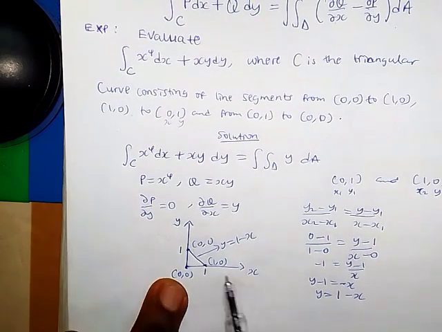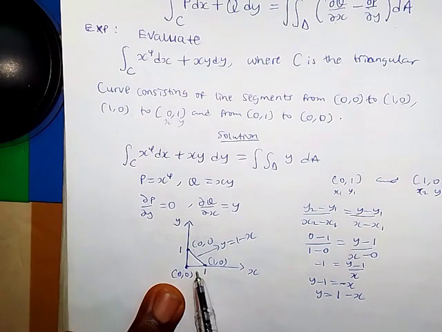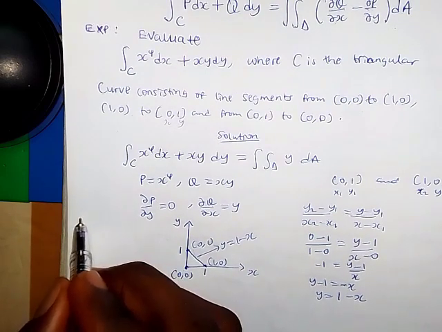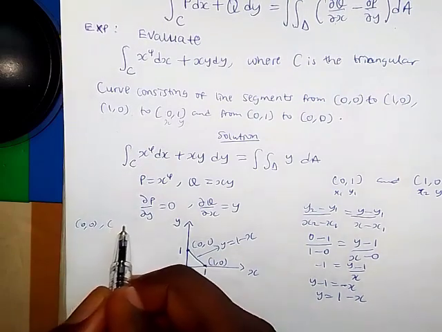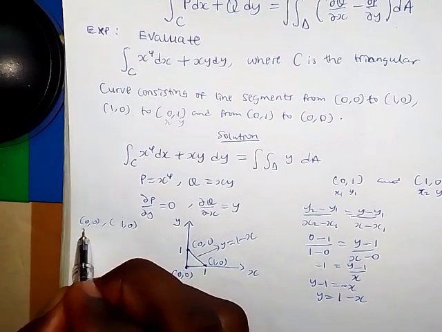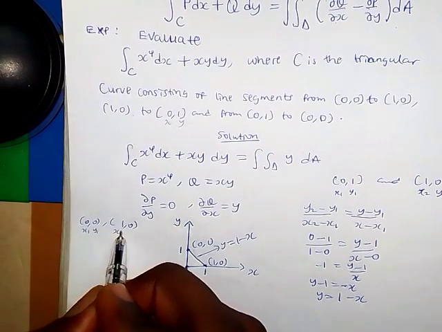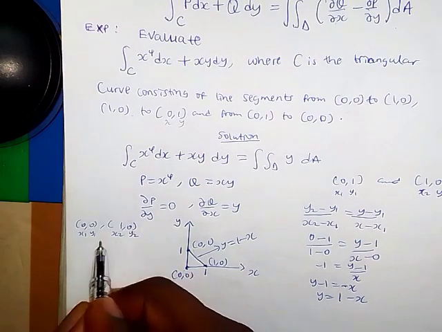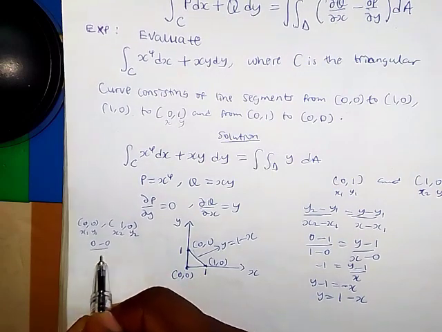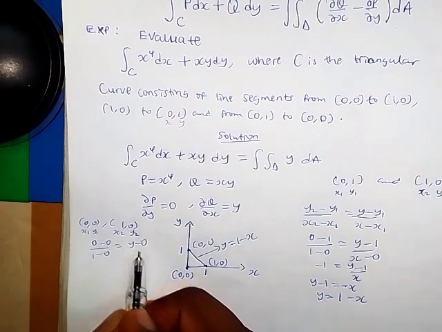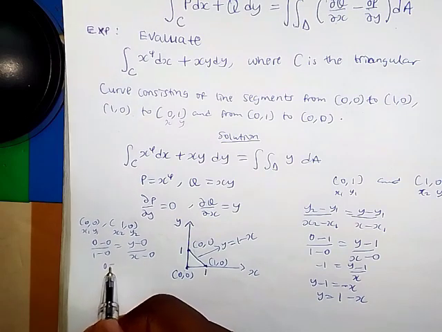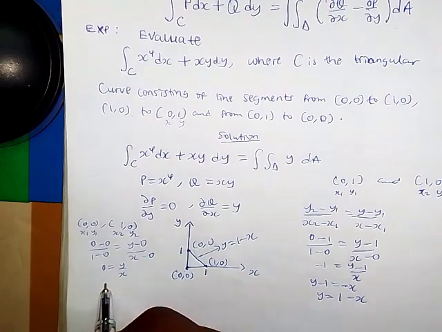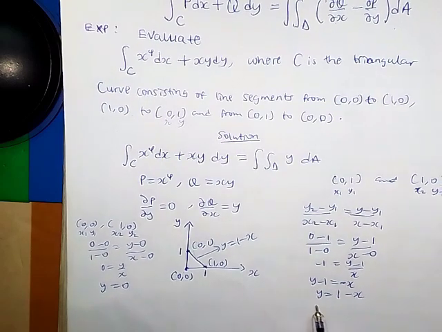Next, let's consider the points (0, 0) and (1, 0). Doing the same thing, we have (0 minus 0) over (1 minus 0) equals (y minus 0) over (x minus 0), which is 0 equals y over x, so y is simply 0.